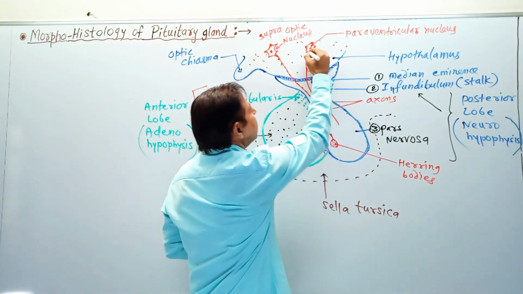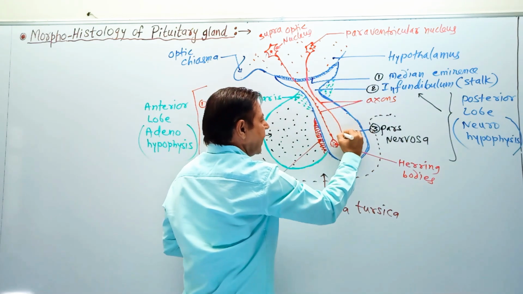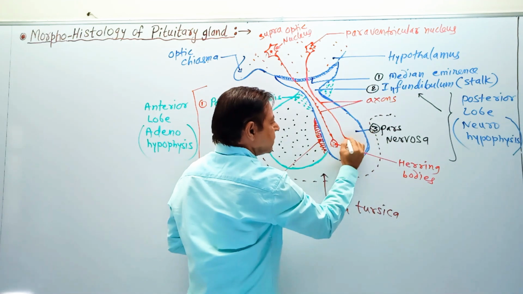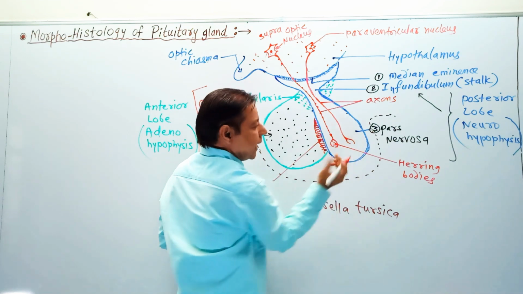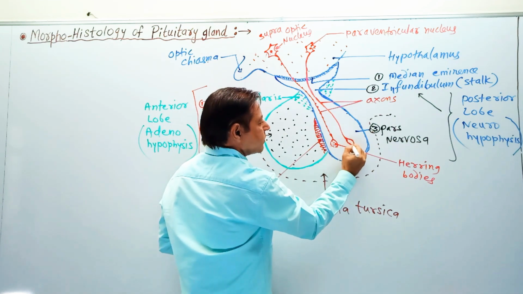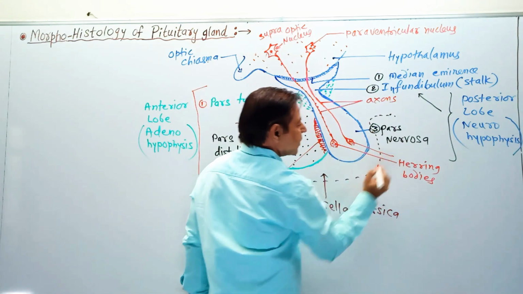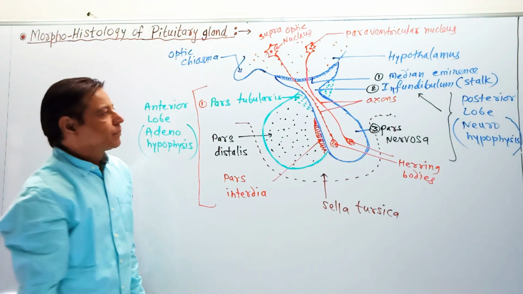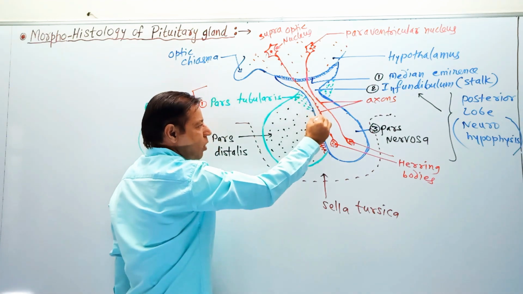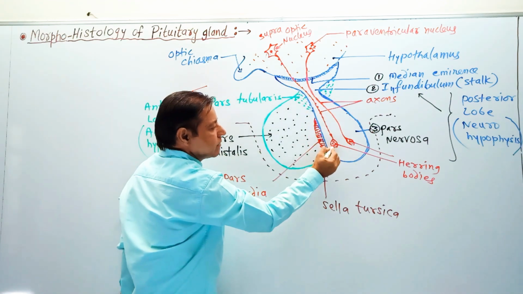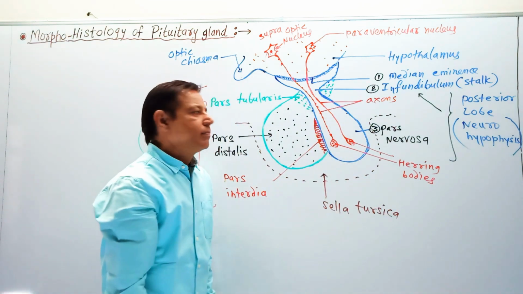Okay, in this way neurosecretory cells have long axons brought here into the pars nervosa, with their ends dilated and enlarged so as to store hormones, called Herring bodies. From the neurosecretory cells of the hypothalamus, the secreted hormones are carried by axons into the Herring bodies and then immediately released into the bloodstream.